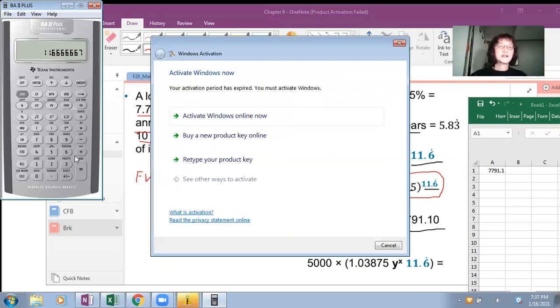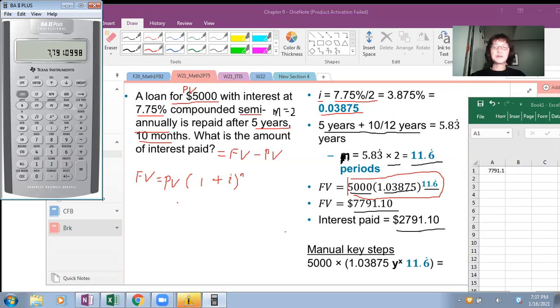Then click the equal key. So now this number agrees with this number. So this method uses the formula. We actually call this the formula-based method. Now I'm going to use the calculator to do it.